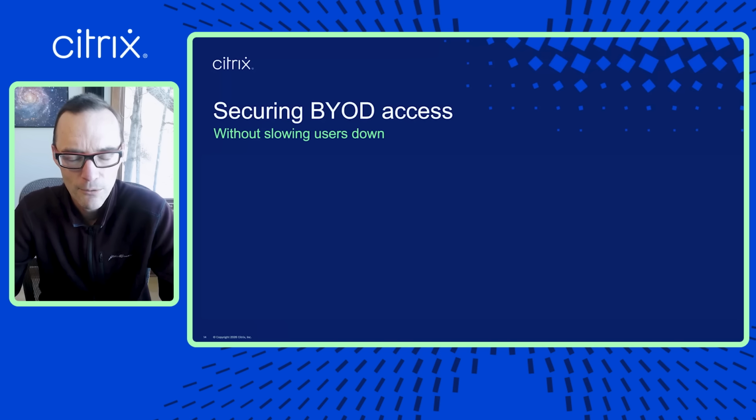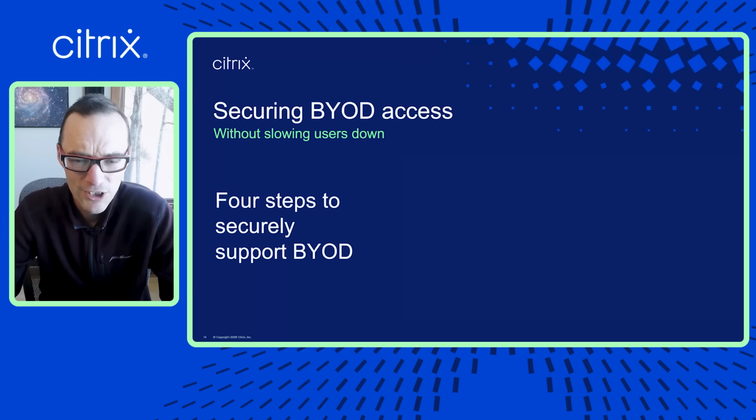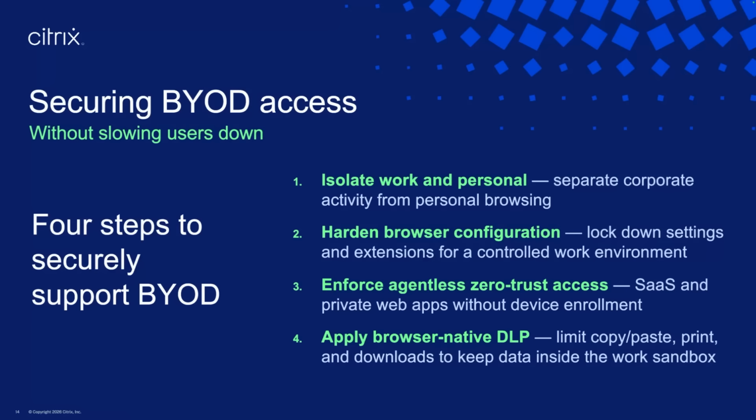Now, to do this, I want to focus on BYOD, personal devices. There are essentially a few steps in order to improve the security of your personal devices. And that is, we're going to isolate work and personal. We're going to harden the browser configuration for this work environment. We also want to enforce agentless zero trust access.